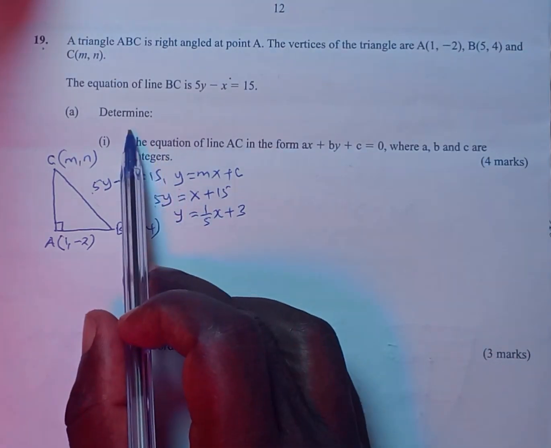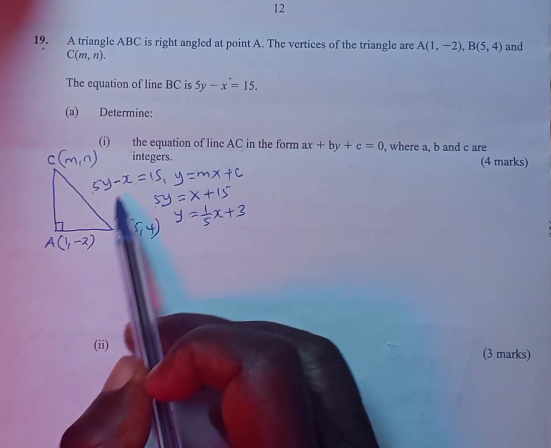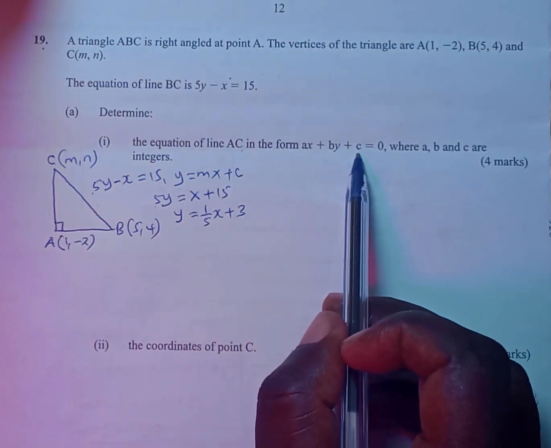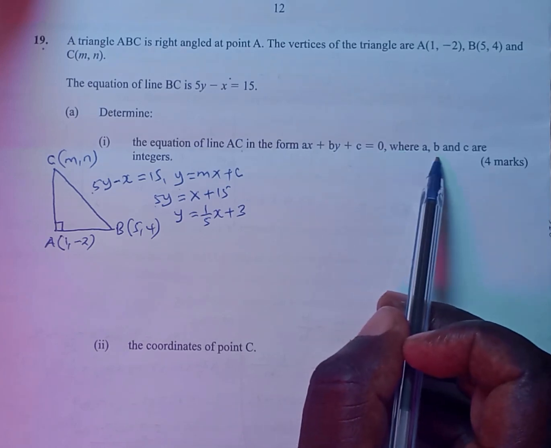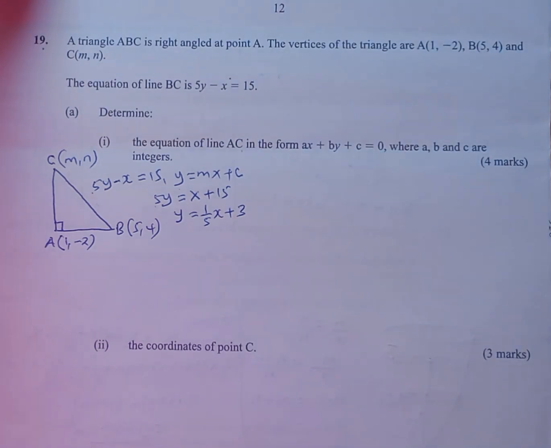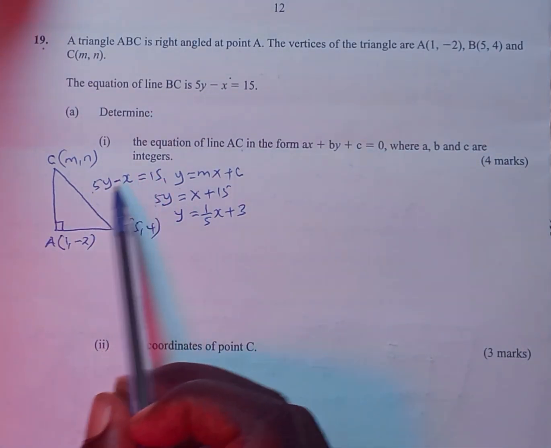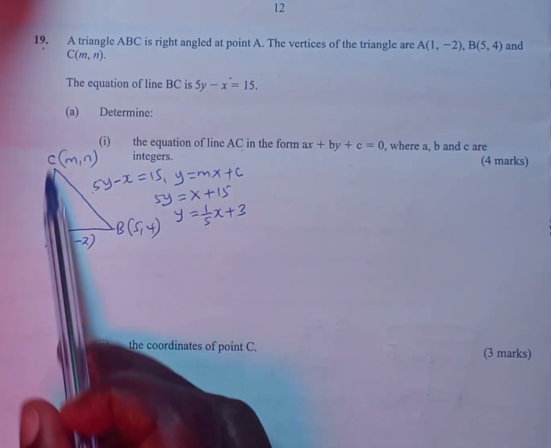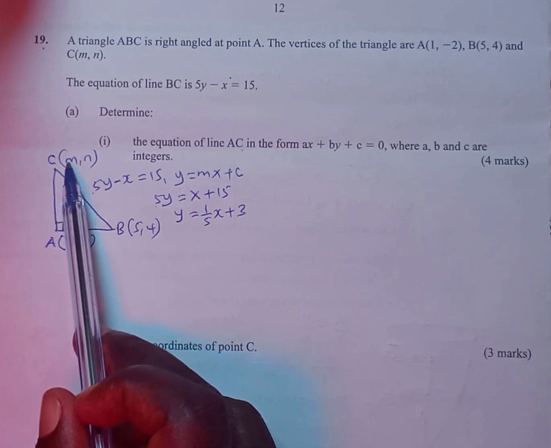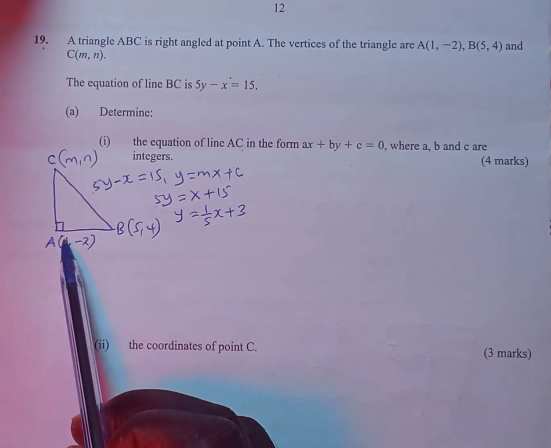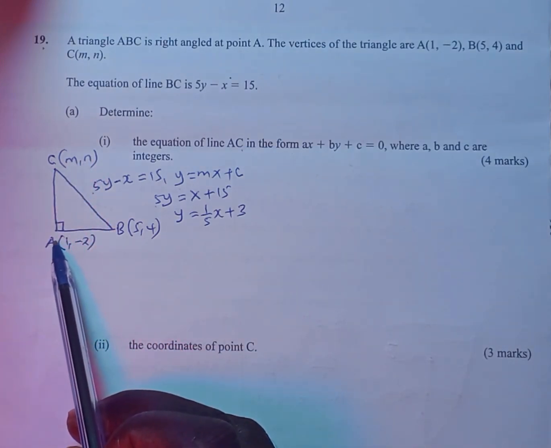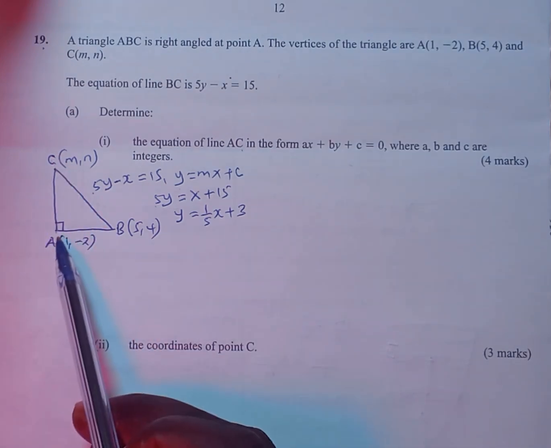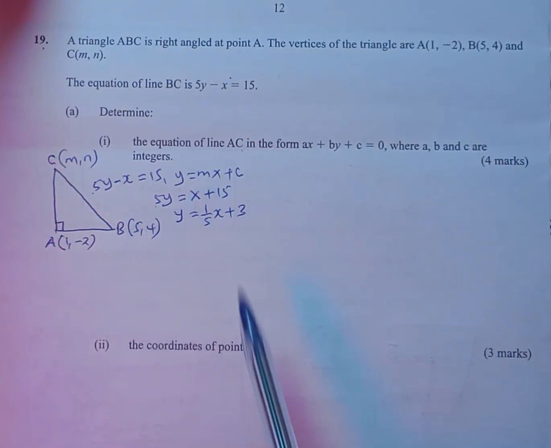We are required to determine the equation of line AC, in form of ax plus by plus c is equal to 0, where a, b, and c are integers. From this question, you realize we cannot work out the equation of AC because of the unknowns, and therefore we are going to begin by looking at the gradient of AB, because AC and AB are perpendicular.